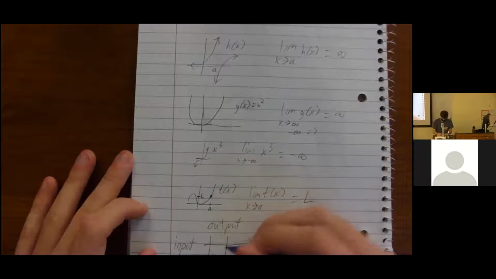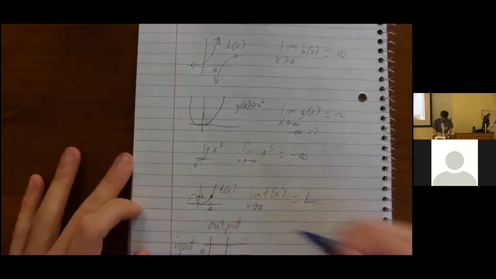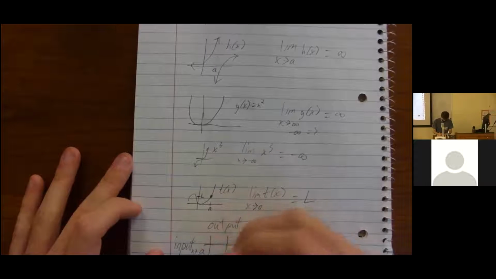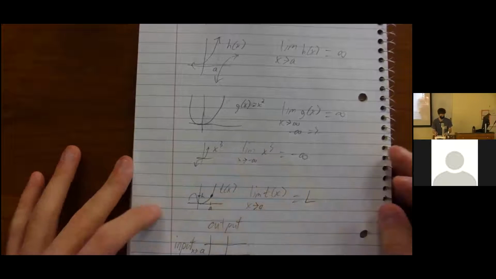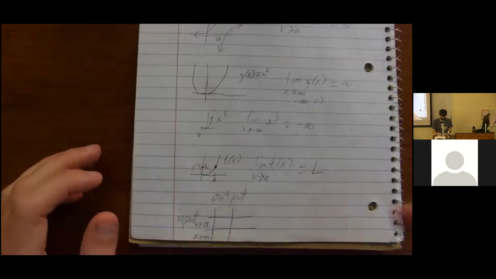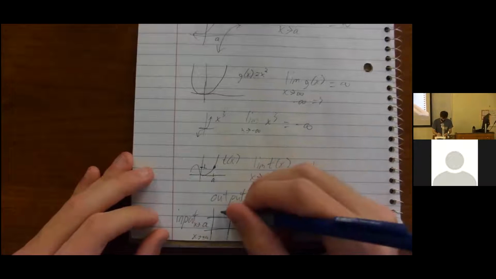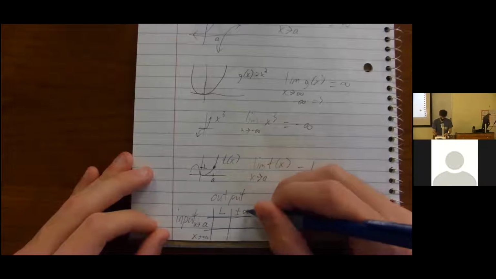Let's say we plug in x equals a, like x approaches a, or x approaches positive or negative infinity. And then for output, what can we get? We can get L or, again, positive or negative infinity.